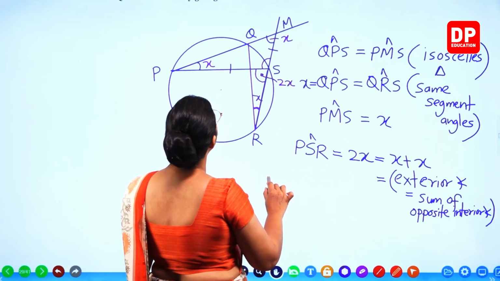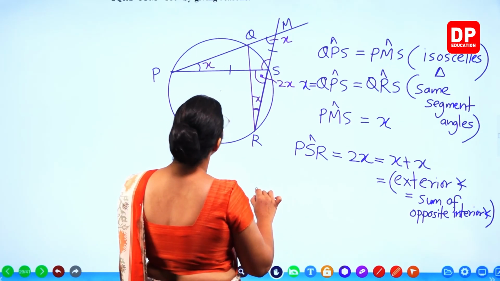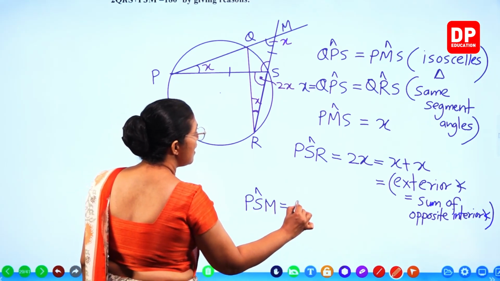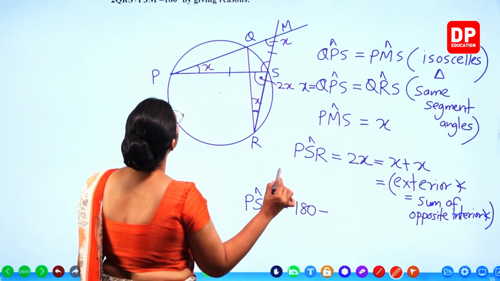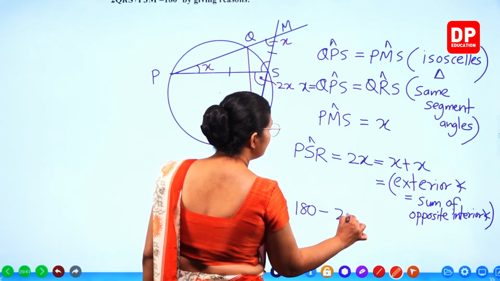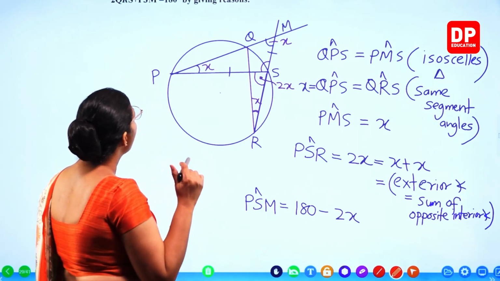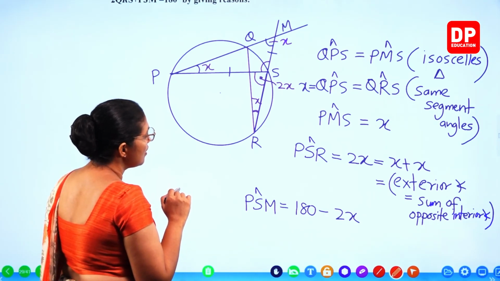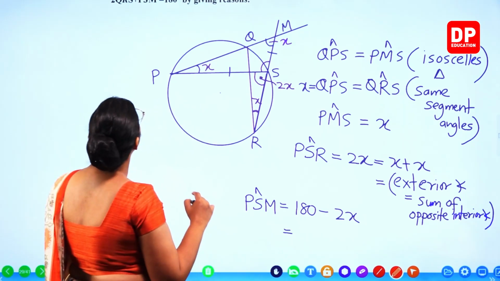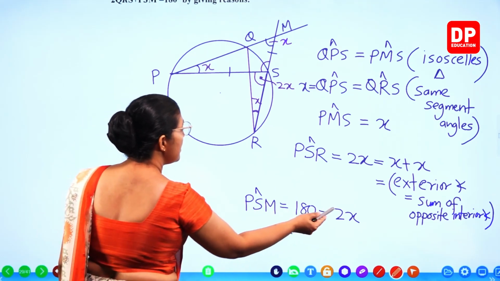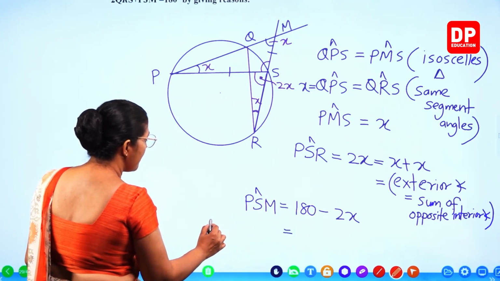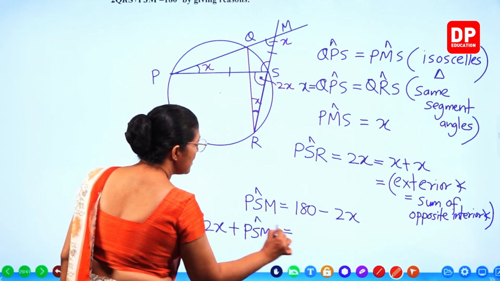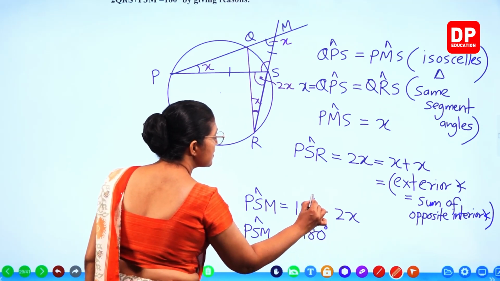Then what can you say? What about PSM angle? PSM angle is 180 minus 2x. This angle. So we can write, taking 2x to this side, 2 times x plus PSM angle is equal to 180 degrees.